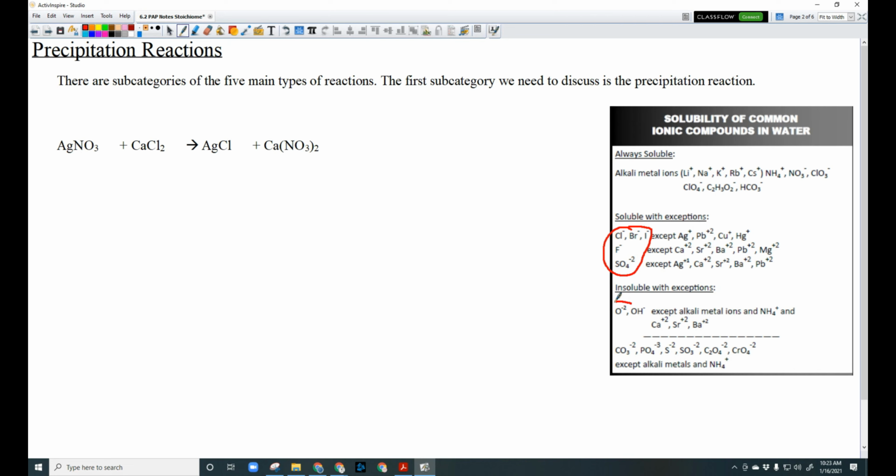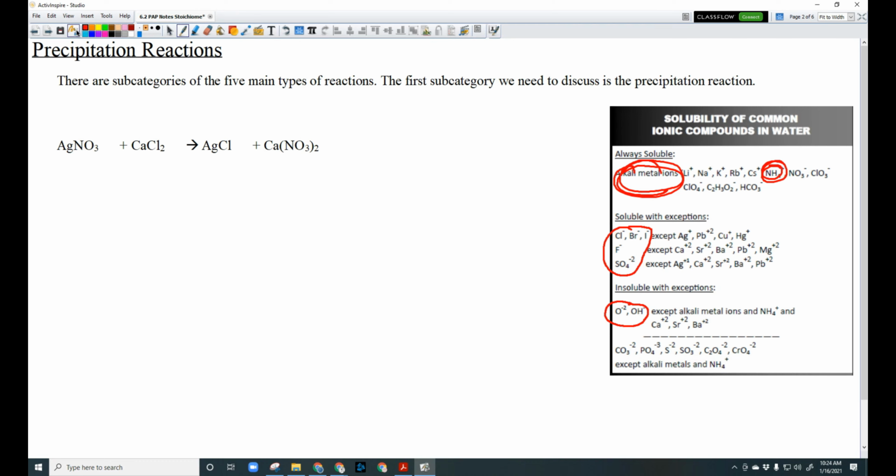And then these are insoluble: the oxide and the hydroxide, unless they're bonded to an alkali metal, which means it's going to be soluble. NH4 is always soluble. And then calcium, strontium, and barium, those elements there. These polyatomic ions right here are always insoluble unless they're bonded to an alkali metal or NH4. Okay, so that's how you read this chart.